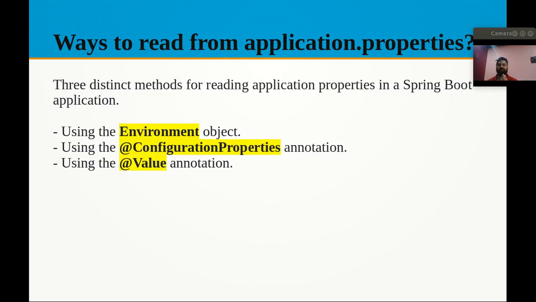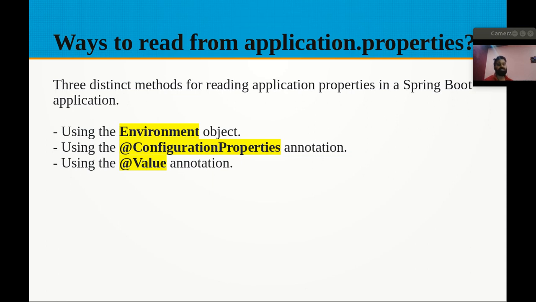Next, we are going to discuss the ways to read from the application.properties file. Let's say you have defined different values in your application.properties file, and now you want to read the values in your controller or in your service class. How can we do this? Basically, there are three ways in which you can read the property file in your Spring Boot.